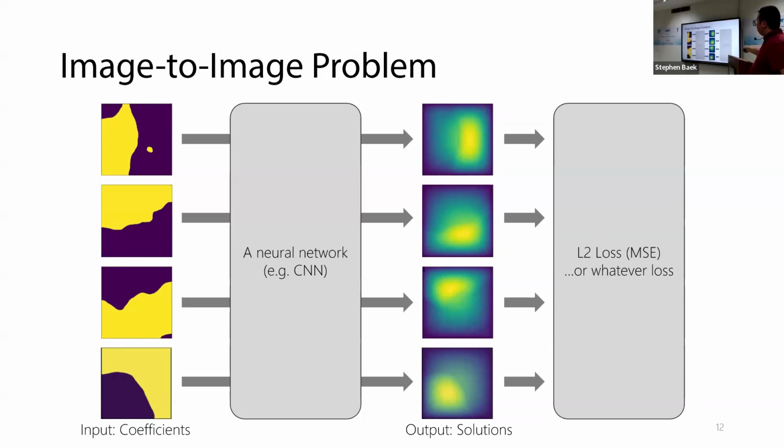And then you train that model with some sort of a loss function. So it can be an MSE loss, mean square error of the predicted values, or it could also be some other loss function that you can define. So at the end of the day, neural operators is nothing more than just an image to image neural network. Hope you're not disappointed.